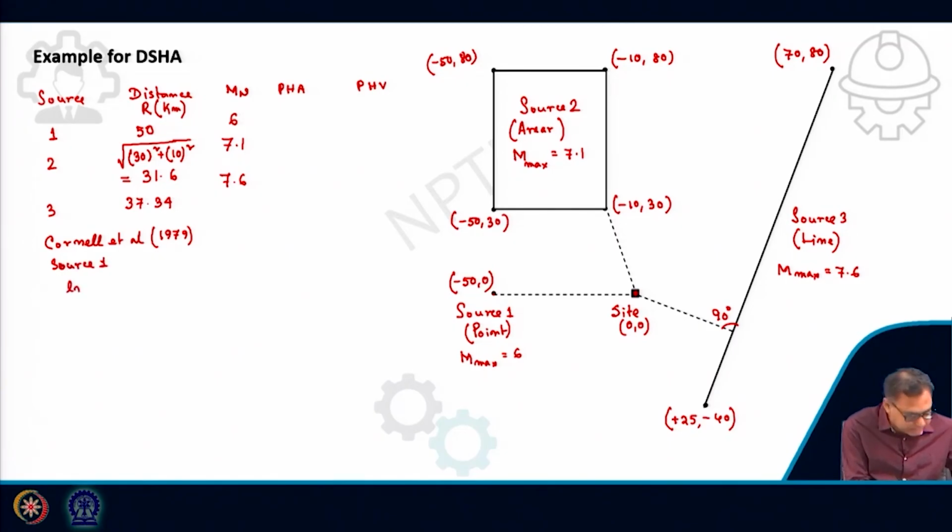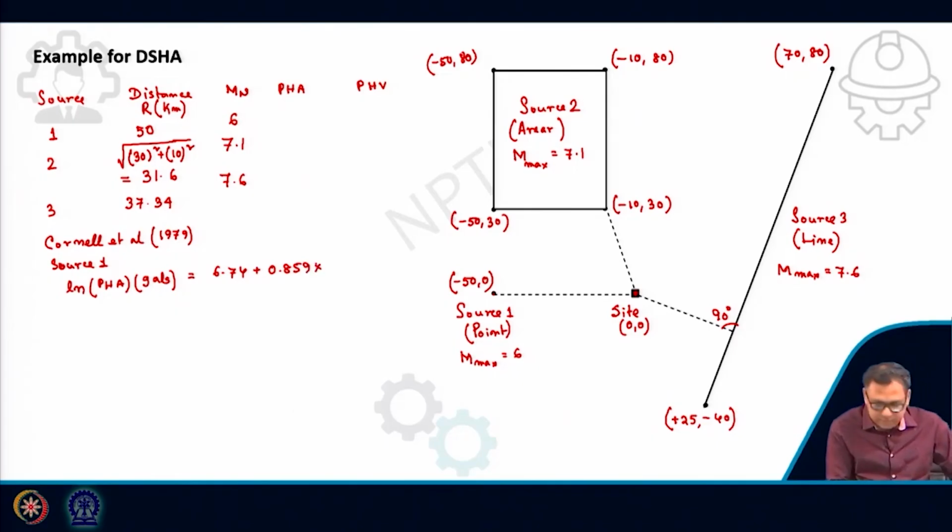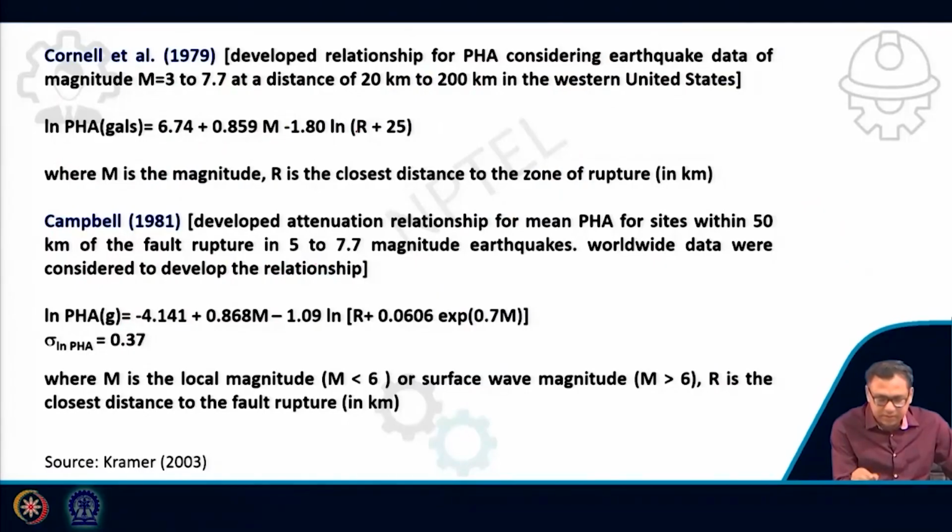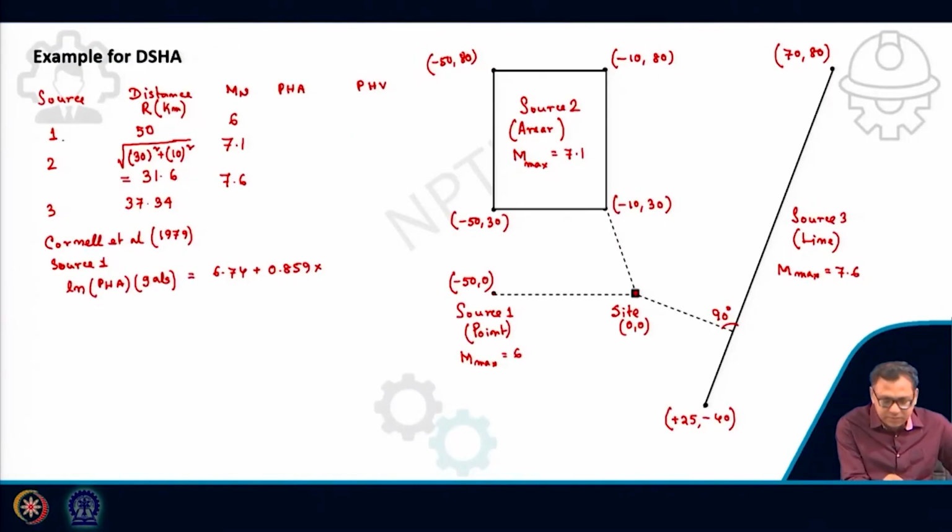First case, for source 1, it is ln PHA, in gal. That is 6.74 plus 0.859 into M, and that is R. M for the first source is 6, minus 1.80 ln R, R is given as 50, then plus 25.